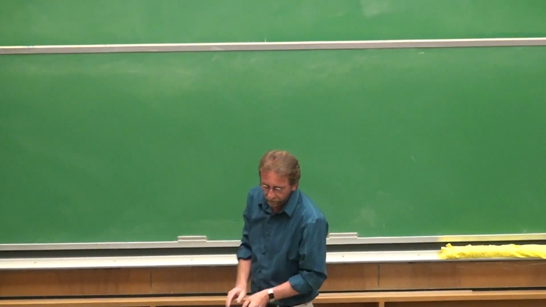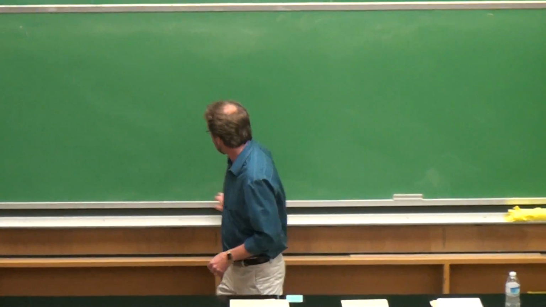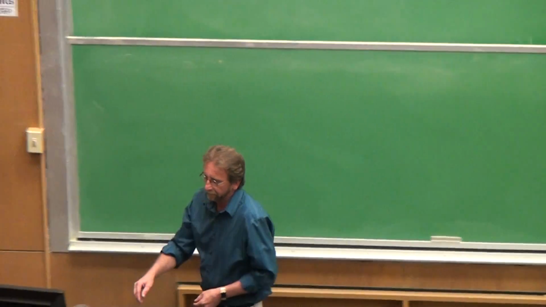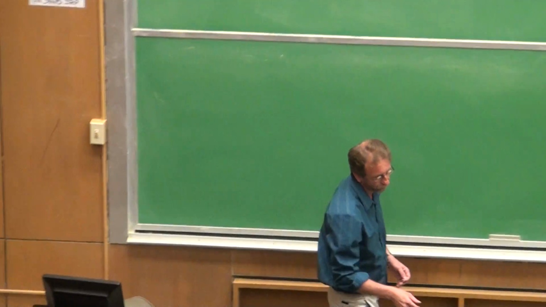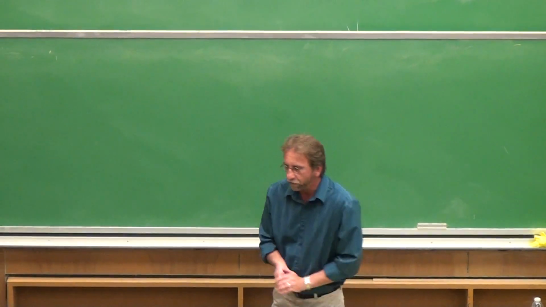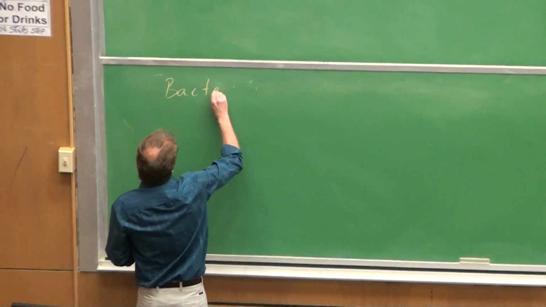So, last time we were talking about the dynamics of prokaryotic growth. Just like to review some of the stuff we had going on. If you remember, we introduced our bacterial growth curve.